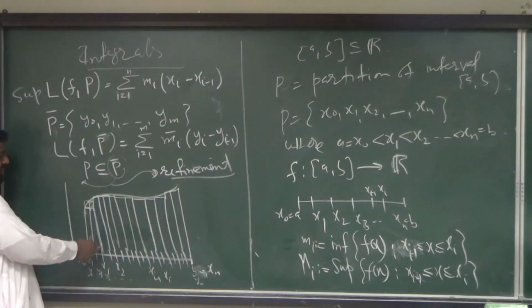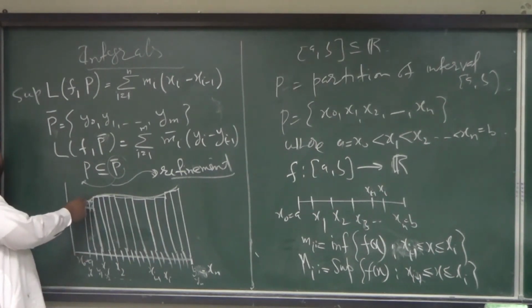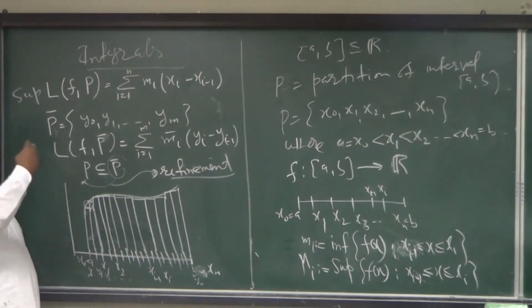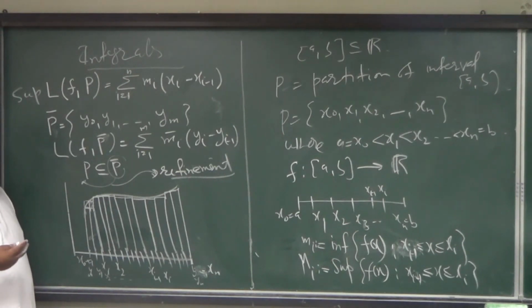What is going to happen? The area is poor, so it's going to give you an overestimate, an overestimation of the area.